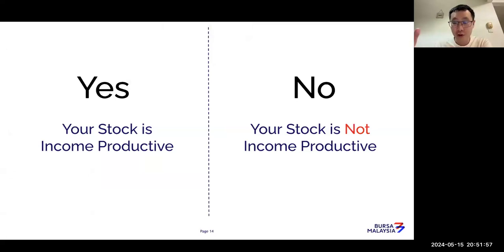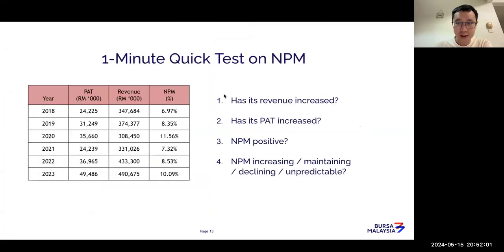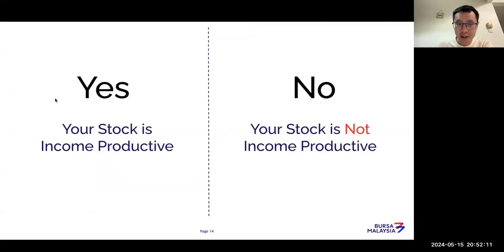Okay. Before we move on to the next ratio, all these questions that you ask: revenue increase, profit after tax increase, net profit margin, is it positive? Is it increasing or not? If you find that most of the answers here are yes, then I would say that the stock that you now own is income productive.